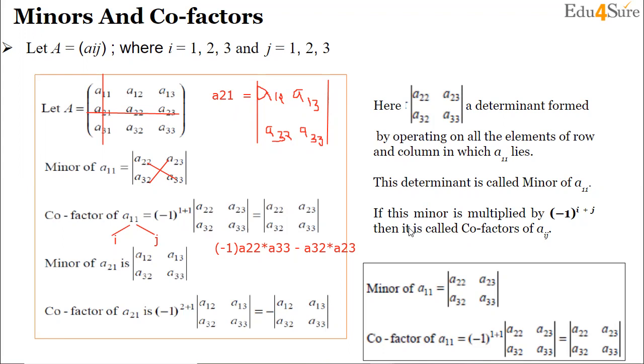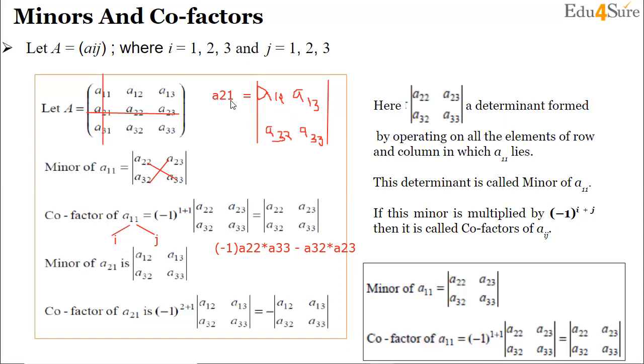So I repeat once again: for example here, 2 1, the i value will be 2, the j value will be 1, 2 plus 1 will become 3, and (-1) cubed will give you -1. So when you multiply -1 with this minor for this element A21, you will get the cofactor, and the determinant is this one for this respective element.